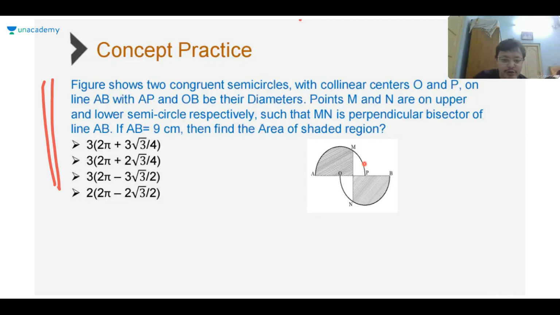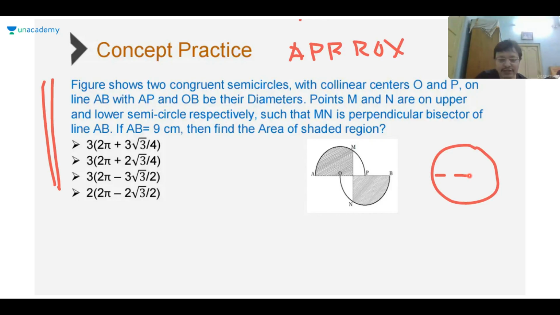So the easiest way would be the approximation technique. You create the circle, invert the circle like this, so that basically the circle is now here. This is the center of the circle, and you have this portion which is unshaded. The rest of the circle is shaded.